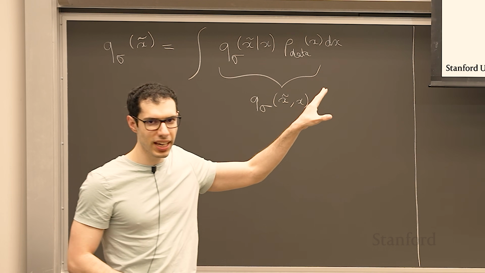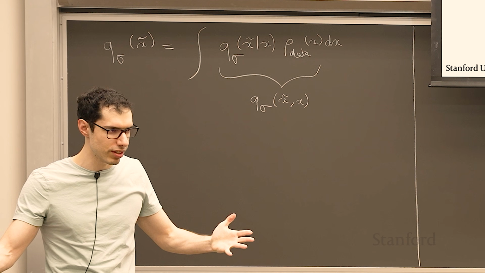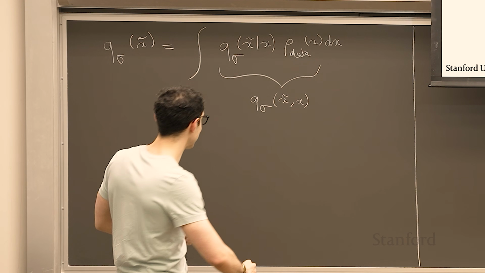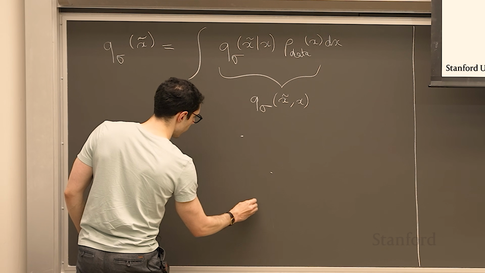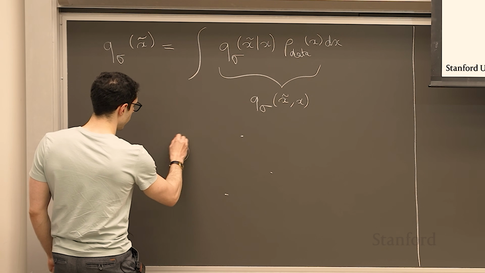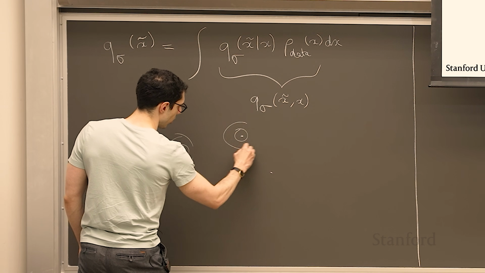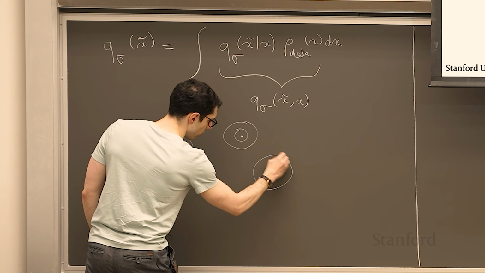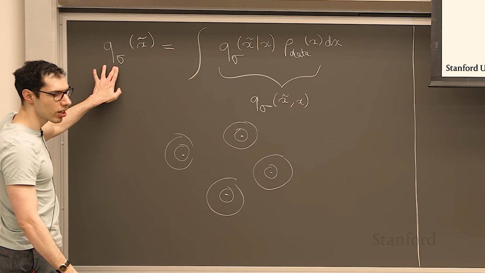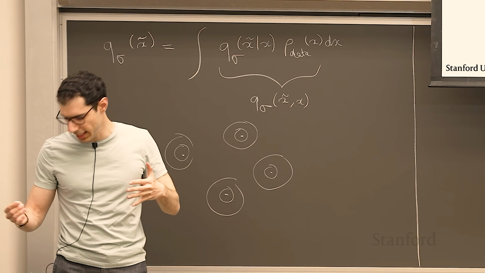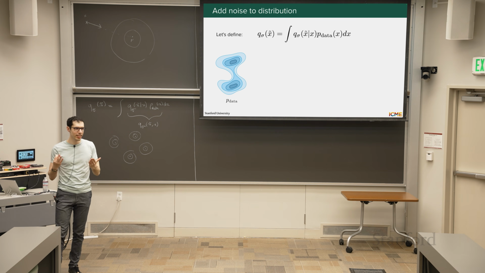It's as if you were obtaining a mixture of Gaussians: you have your different points, and you noise each point. And so we're going to call q sigma of x tilde the noisy distribution.